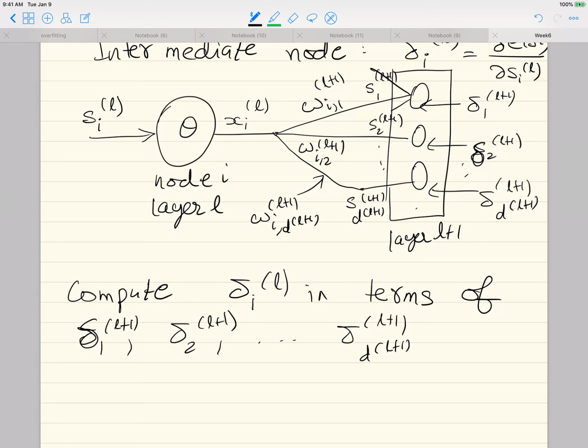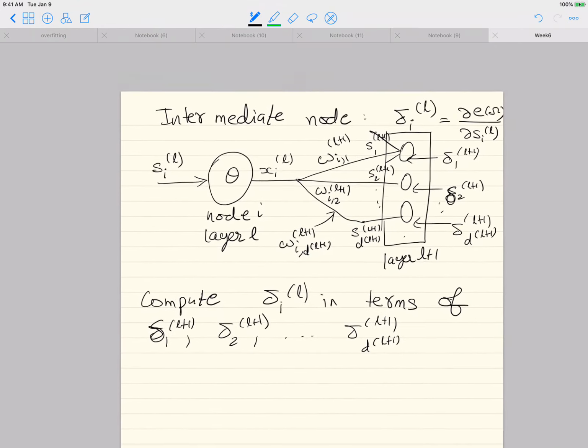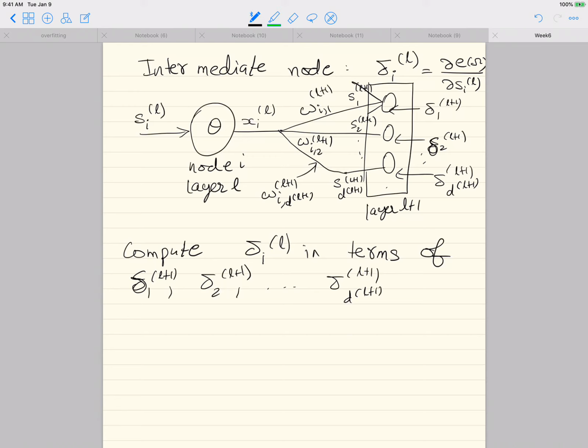Now what we will do is we will do a backward computation. So when computing the derivative with respect to s_i of l, so when computing delta i of l, we will assume that by hypothesis, we have already computed delta 1 of l plus 1, delta 2 of l plus 1, and the last one, delta d(l+1) of l plus 1.